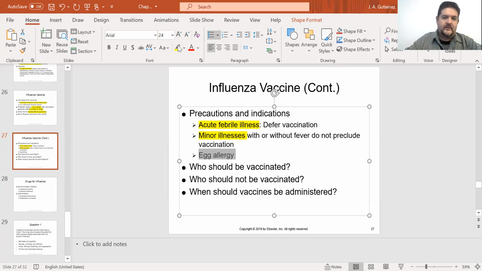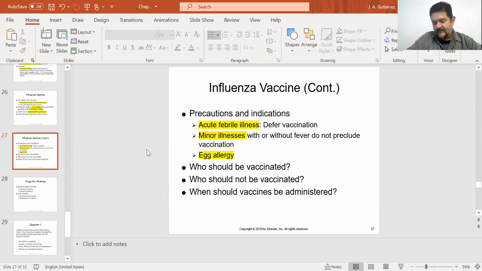vaccines in general, we need to advise not to take the regular vaccine if the patient has an egg allergy. The thing is, in order to preserve the virus, we use proteins that are found inside the egg.